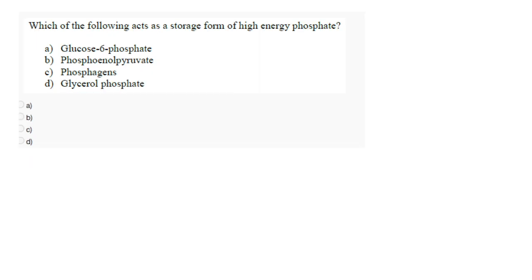Which of the following acts as a storage form of high energy phosphate? Glucose 6 phosphate, phosphoenol pyruvate, phosphocreatine, glycerol phosphate. Option C is correct, phosphocreatine.